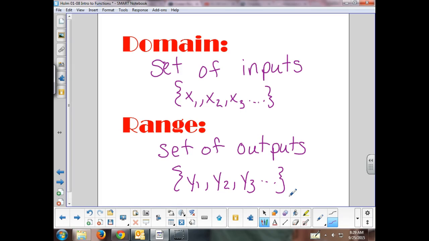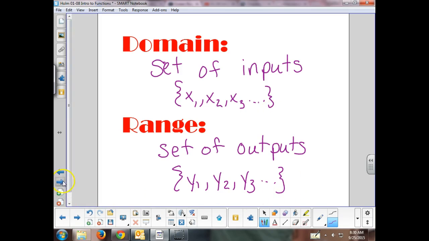Could I plug in anything I wanted? No, what numbers wouldn't I want to use? Rational numbers? I don't want 1.5 cats. Ew. Okay, probably not negative cats. Well, cats do get a little sassy, maybe if they had a negative attitude. But, so these domains and ranges will change.